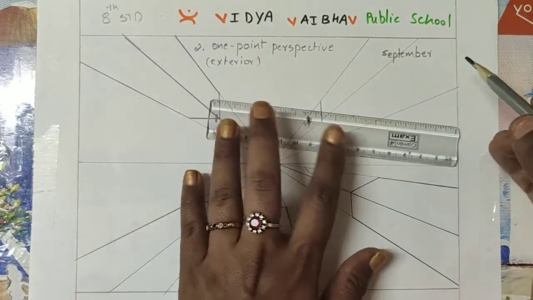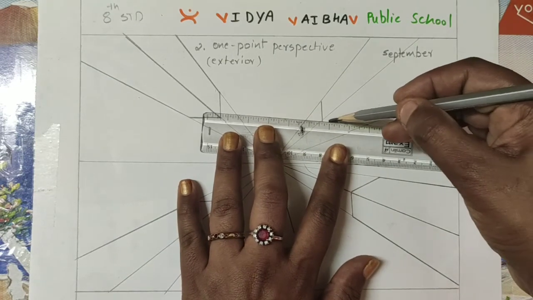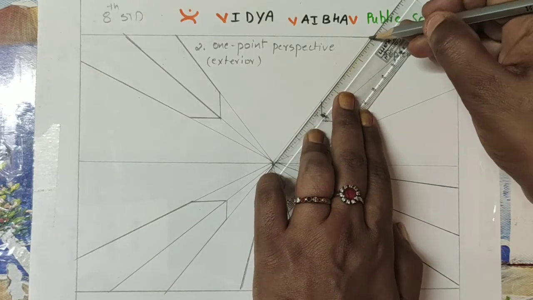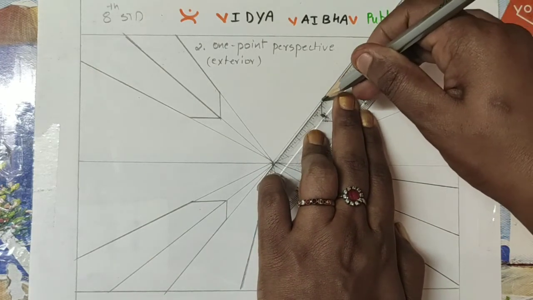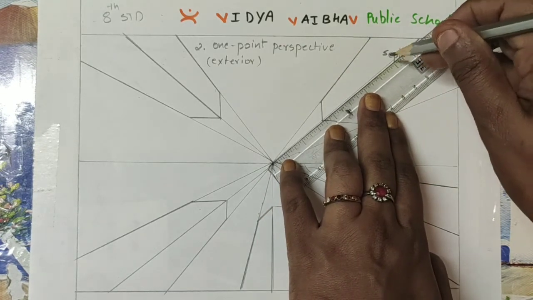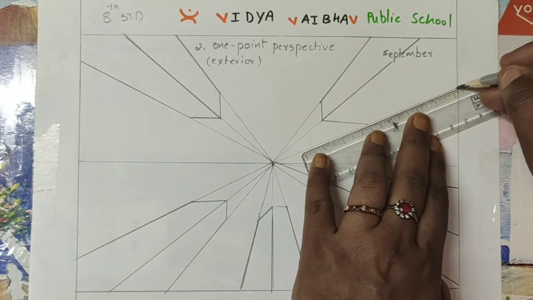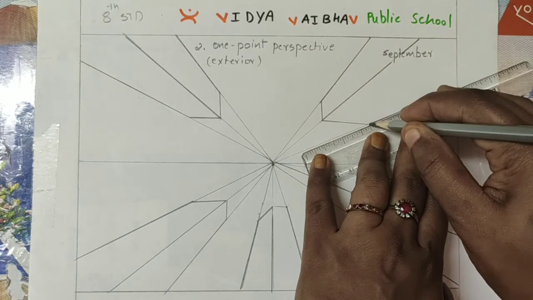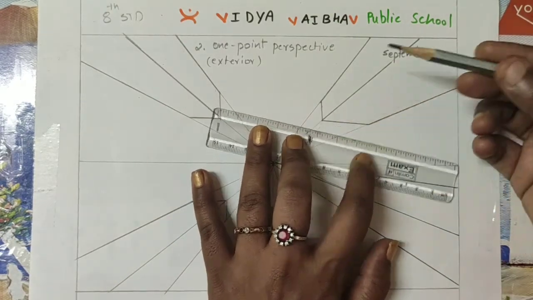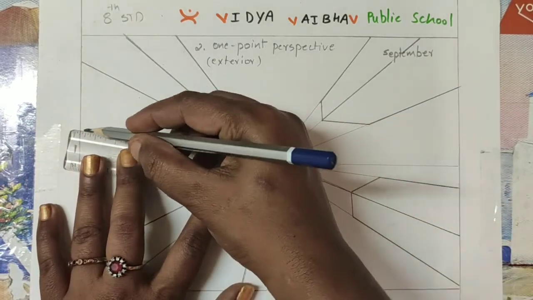See, one parallel straight line and one is like a slant line. Can you feel the thing? The visual is that you are standing in the center, and around you you are seeing buildings.